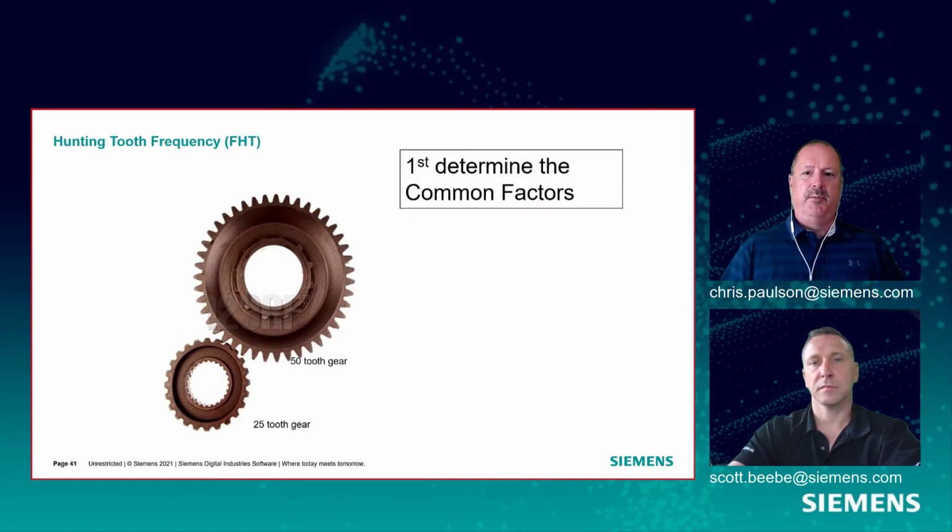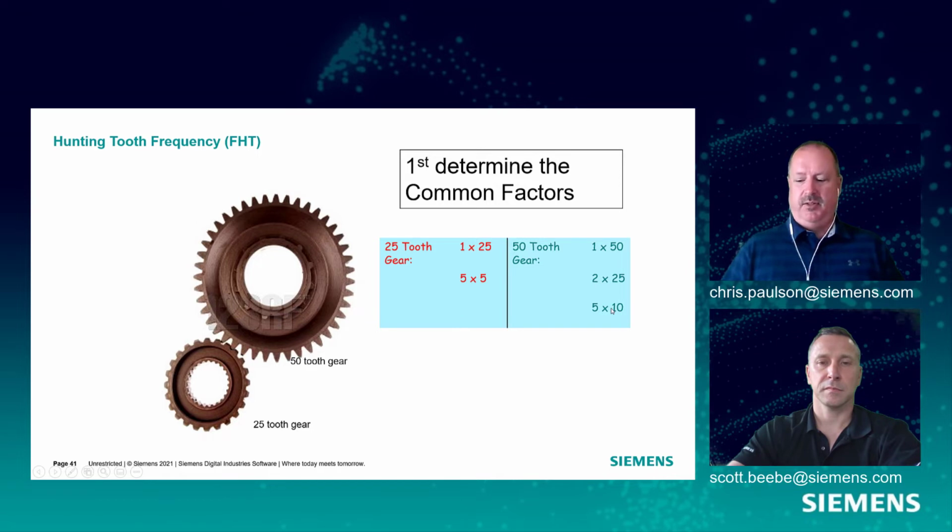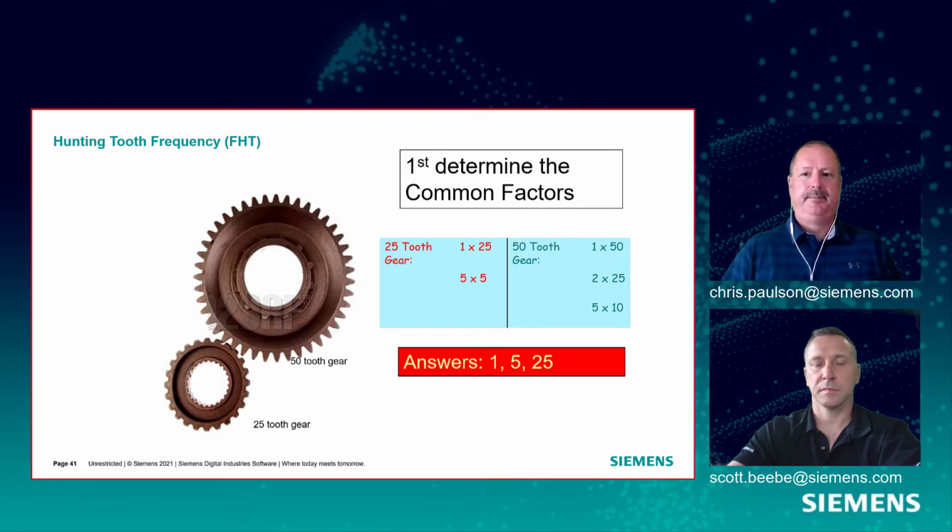First we determine the common factors. For the 25 tooth gear, you've got 1 times 25 and 5 times 5. For the 50, you've got 1 times 50, 2 times 25, and 5 times 10. So the common factors are going to be 1, 5, and 25.